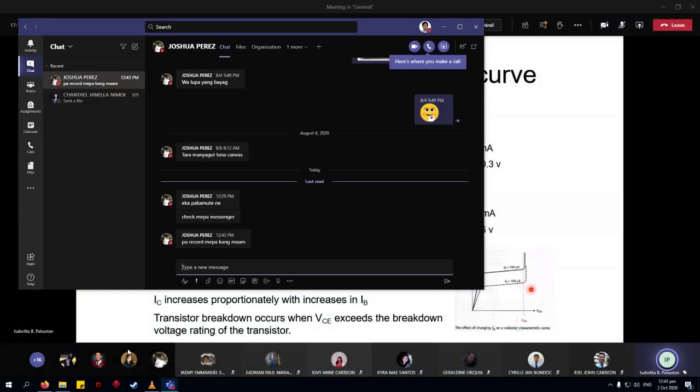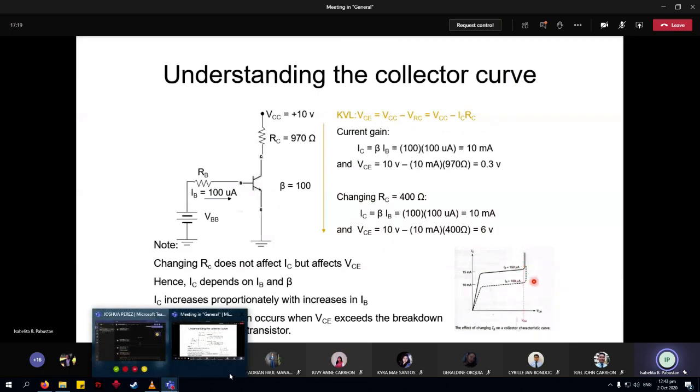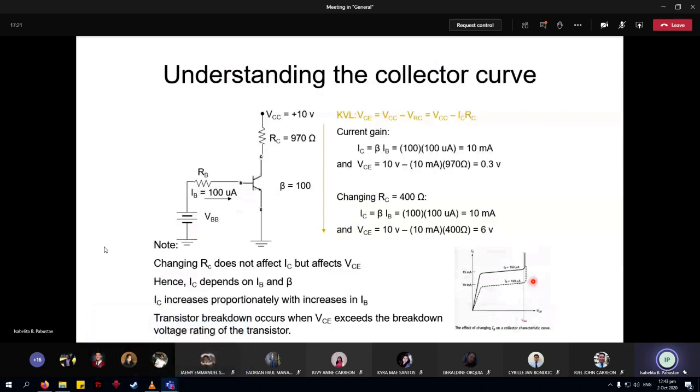Now, syempre, this portion is the portion na ayaw nating pupuntahan, because this portion will actually damage your transistor. And yung damage na yon is irreversible. Once damaged, it's damaged.